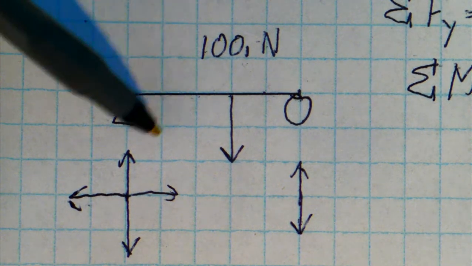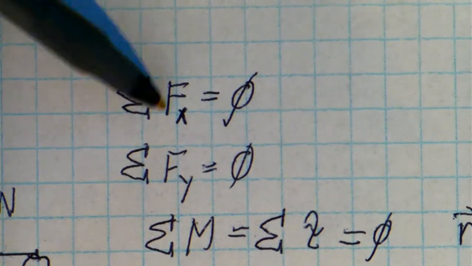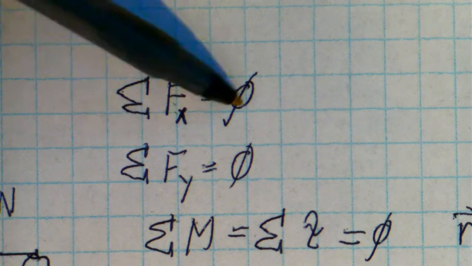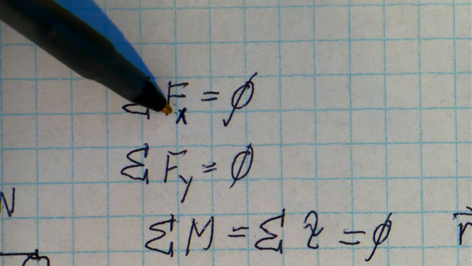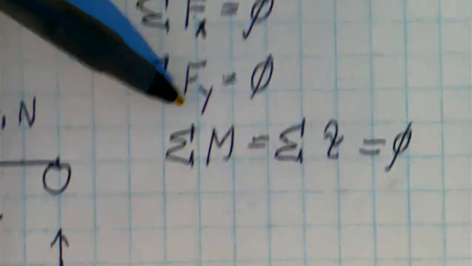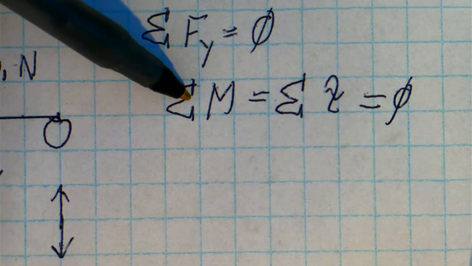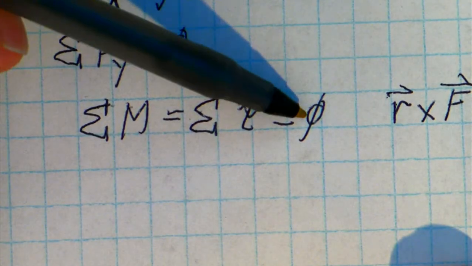So the same thing is true for all of these equations. It doesn't matter where you put the origin for all the horizontal forces. Wherever you put the origin, they have to add up to 0. Same thing for rotation. Wherever you choose to put the origin, they still have to add up to 0.